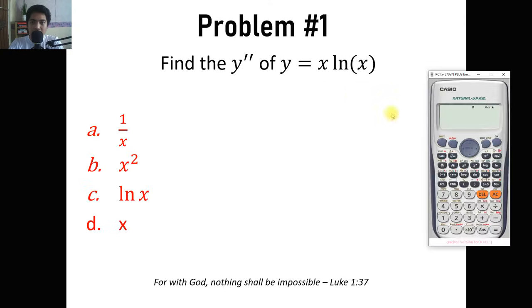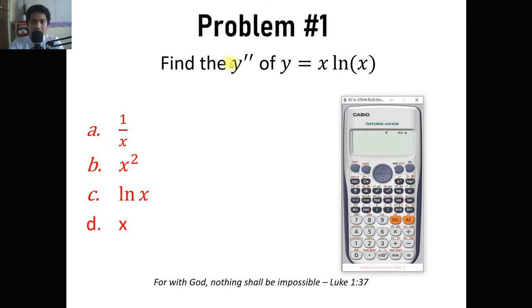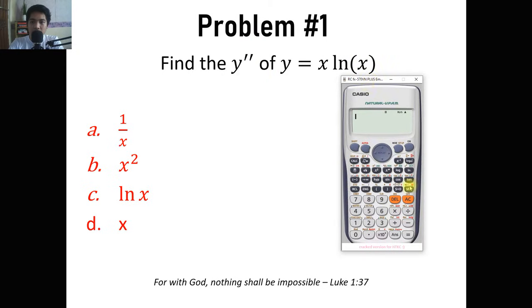Number one, find the second derivative of y equals x ln of x. So first of all, just to be safe, we need to set our calculator in radian mode. So we have shift, setup, and then 4 for radian mode.